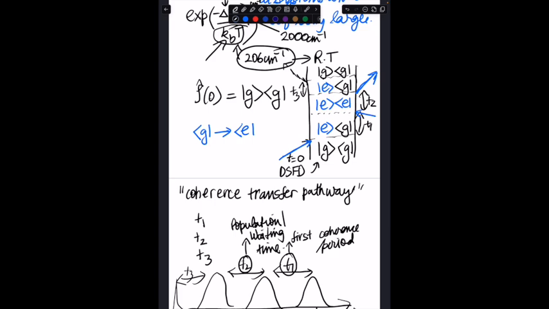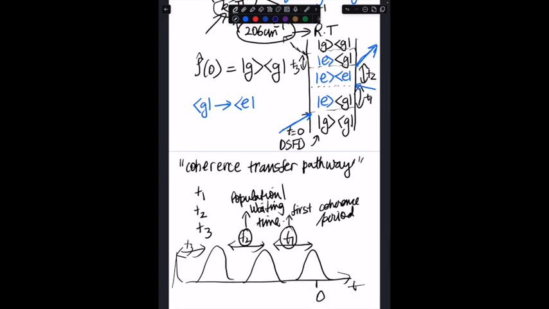Even for simple two-level systems, you see system bath interactions and something which is known as spectral diffusion in multidimensional electronic spectroscopy, specifically 2D spectroscopy. So when you see those things, it's a function of the waiting time T2. And then this T3, as you can already infer by now, is just your second coherence period.